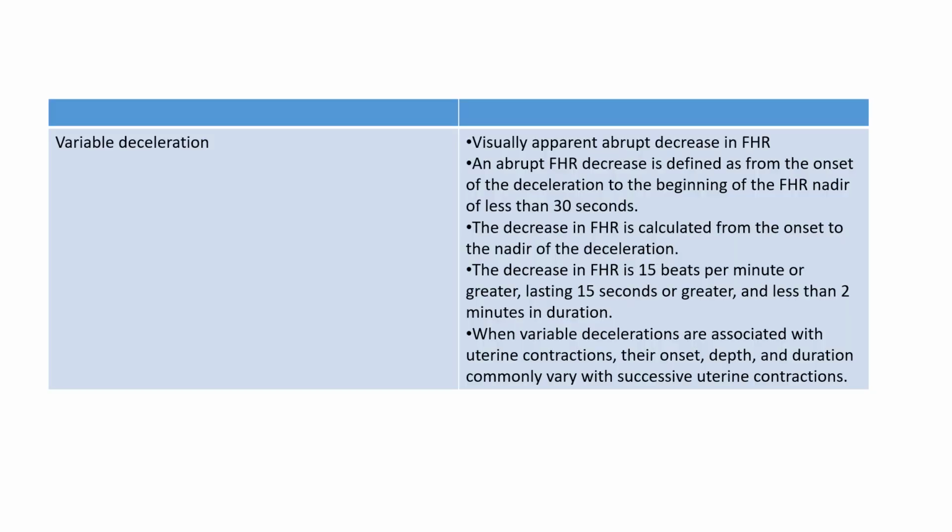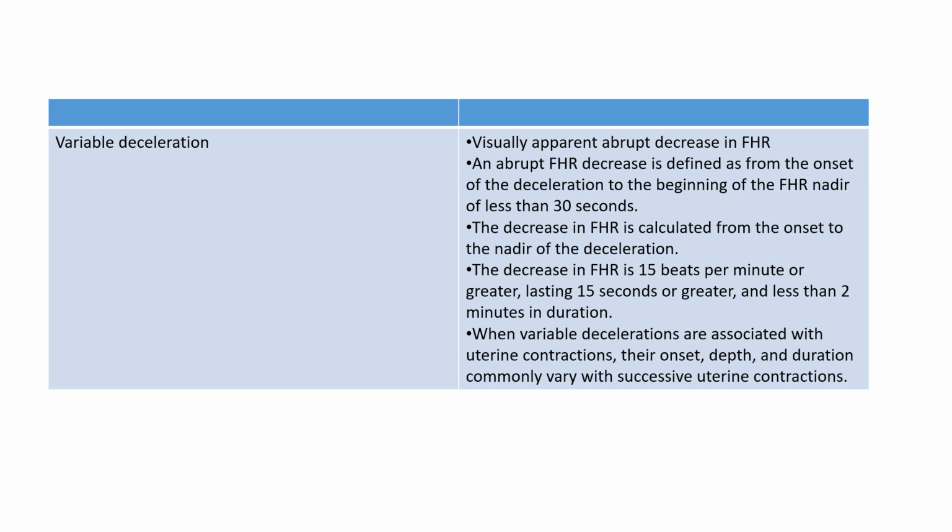Variable deceleration is the most common deceleration you can see, and it's basically due to umbilical cord compression. The key point here is an abrupt decrease in the fetal heart rate, and the abrupt decrease is defined as from the onset of the deceleration to the beginning of the nadir of less than 30 seconds.